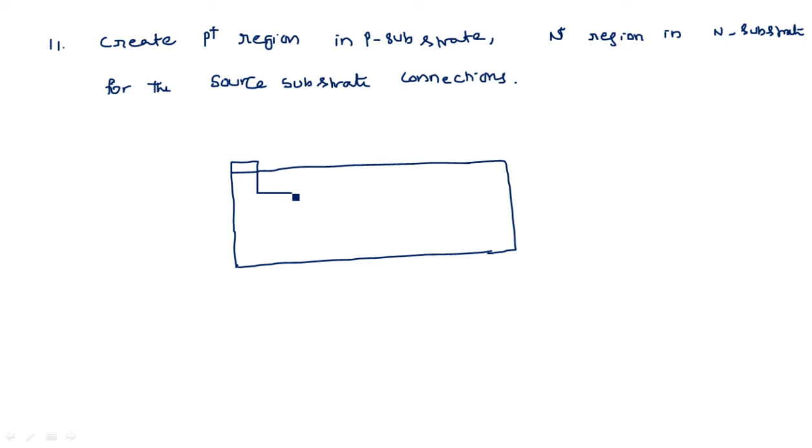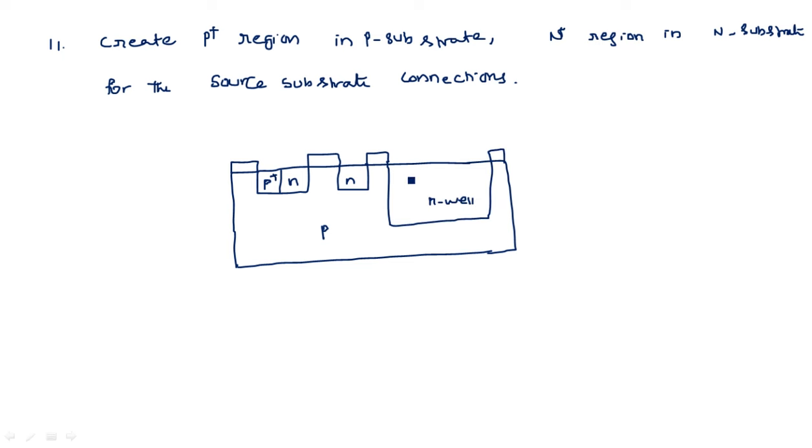So here this is the P substrate. So already we have N region here. Now it should be P plus. Here we have N region. This is the N well region.